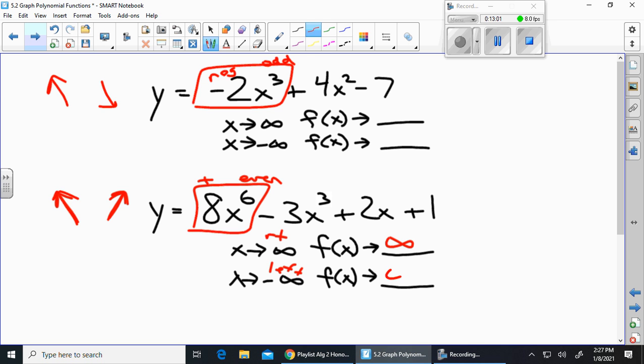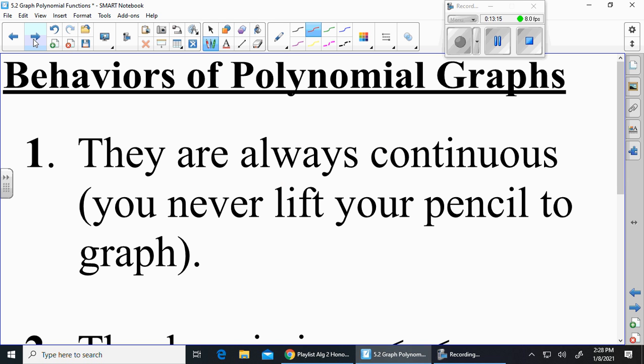Up. Where's this arrow to the right? Down. Where's this arrow to the left? Up. Fill them in. We'll talk about behaviors as we move on. But that should help you with the homework that's given.